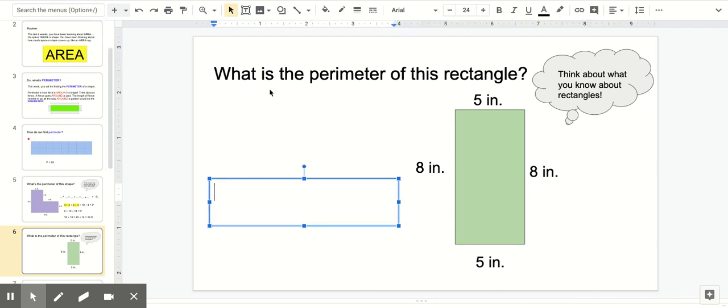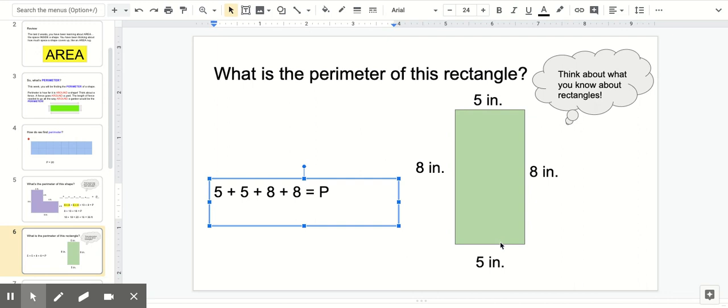So I'm going to put them in there in a way that uses all 4 of them in an addition sentence. So I know I had 2 sides that were 5 and 2 sides that were 8. And if I add all of those together, it's going to tell me the perimeter, how far it is all the way around, how many inches it is all the way around this rectangle.